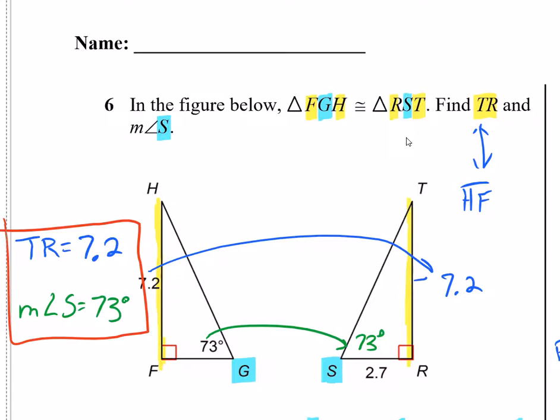S is the second letter, so it would match with the second letter, which would be G. So HF would be the same as TR, so HF we have is 7.2, that means TR is 7.2. S matches with G, which is 73 degrees, so that means S is 73 degrees.